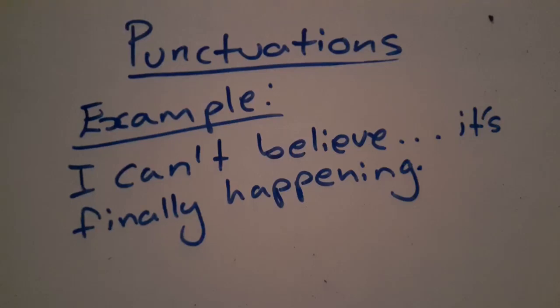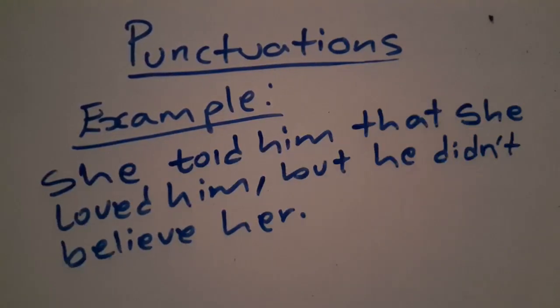All right, what about in the case of omission? Here is an example for omission. Let's consider this sentence. She told him that she loved him, but he didn't believe her. The question to you and I, dear learner, is how can we apply ellipsis in this sentence?